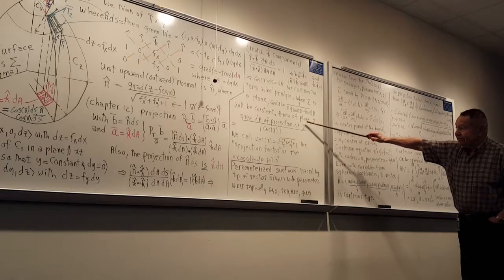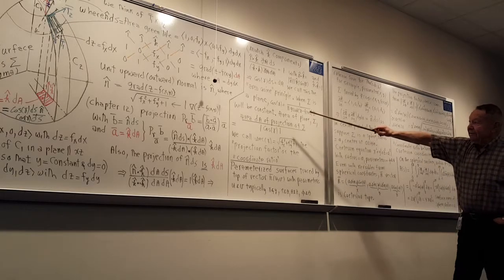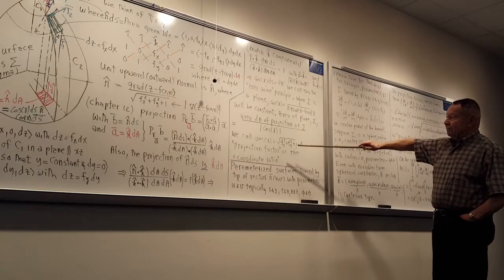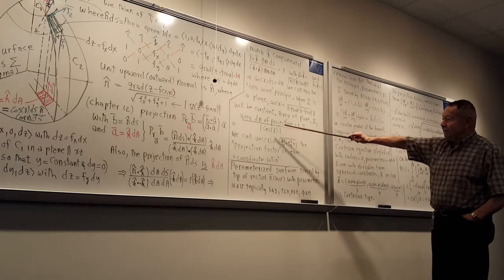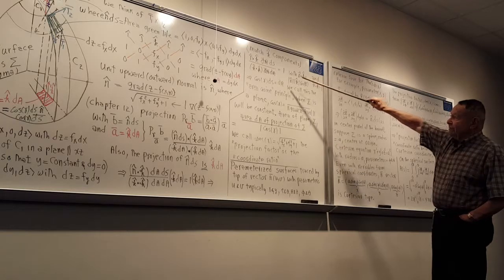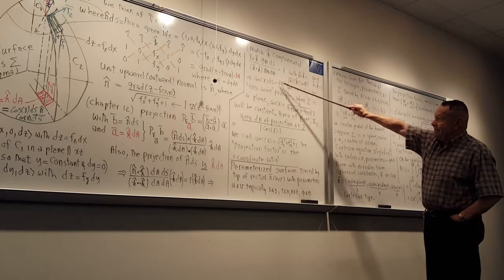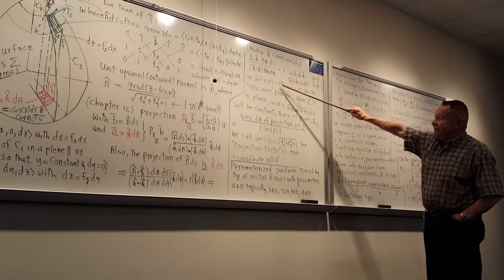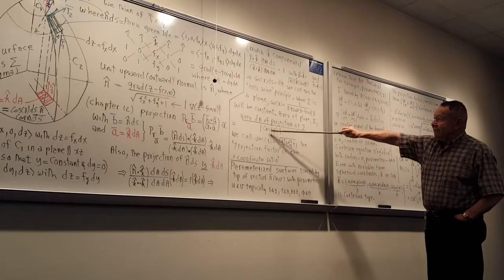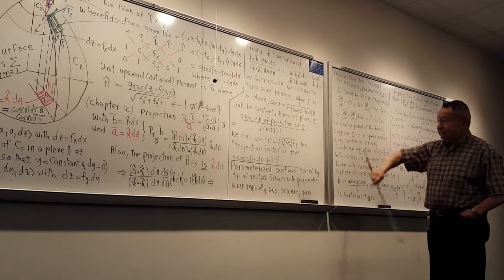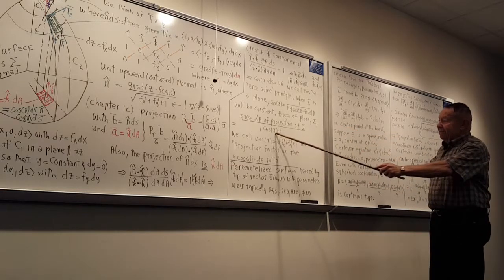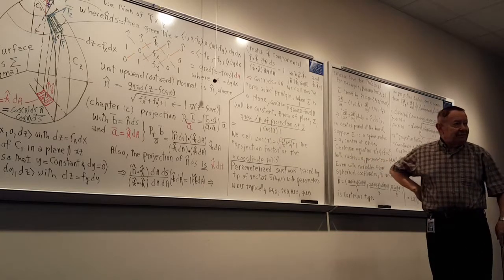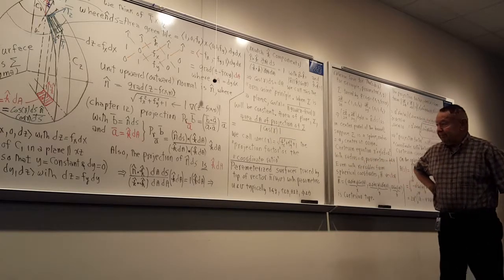So if it's a plane area, then your cosine gamma would be constant and your angle would be. And so you could either say that the dS is the differential area of the projection divided by cosine. Cosine possibly could be negative, so you need an absolute value, because area wouldn't be.